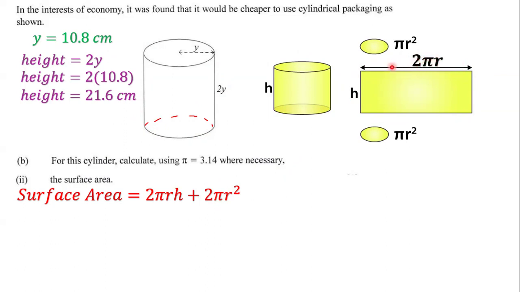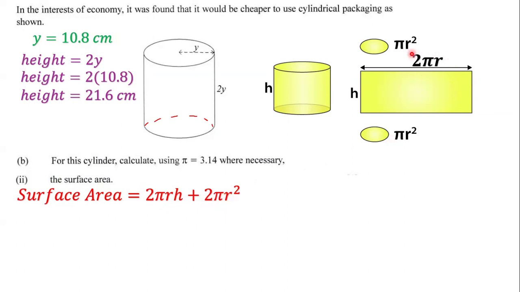So we have 2 pi r multiplied by h. Why? Because 2 pi r is the length of this side and h is the length of this side, and the area of a rectangle is length times width. So it's 2 pi r times h. And so overall, in general, the surface area formula is 2 pi r h plus 2 pi r squared. That's the surface area of a cylinder formula.